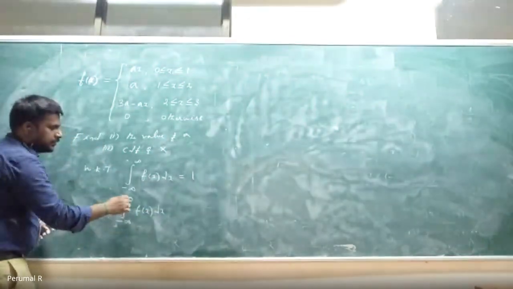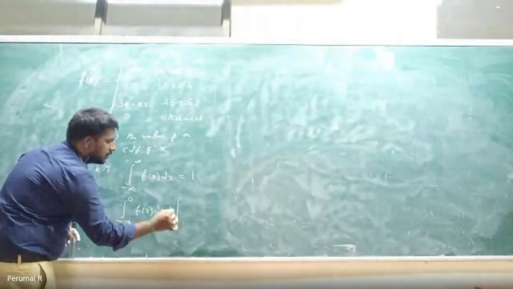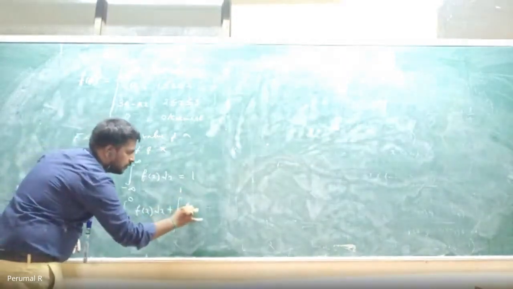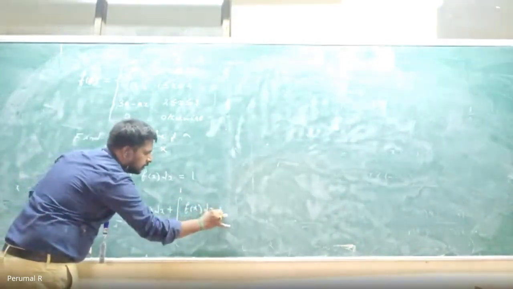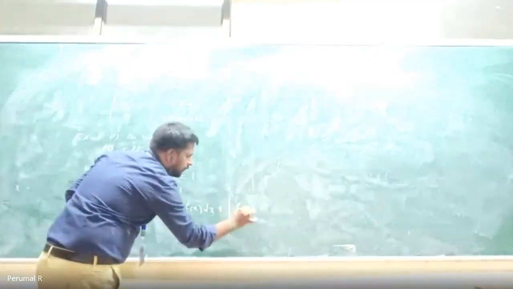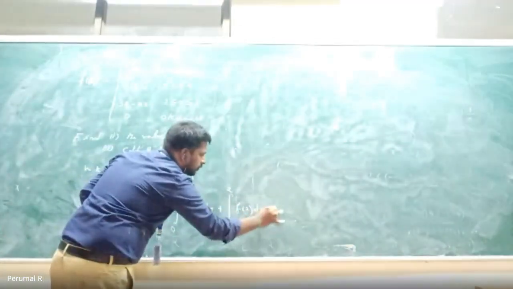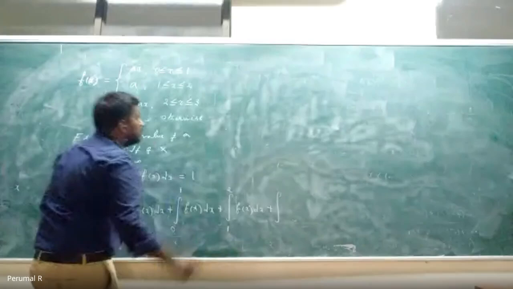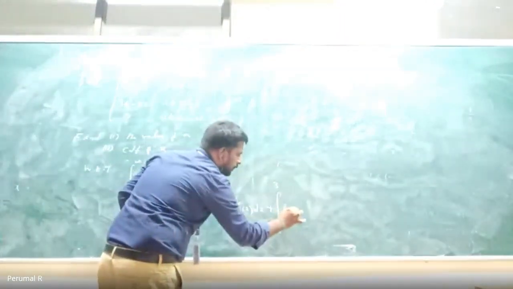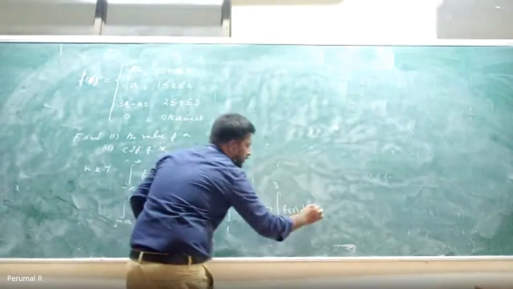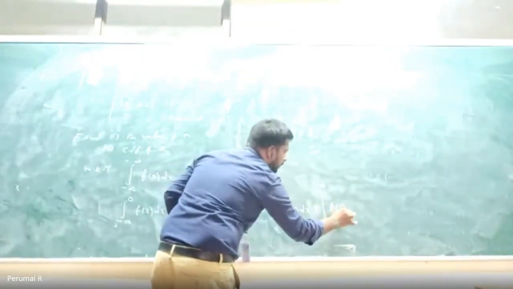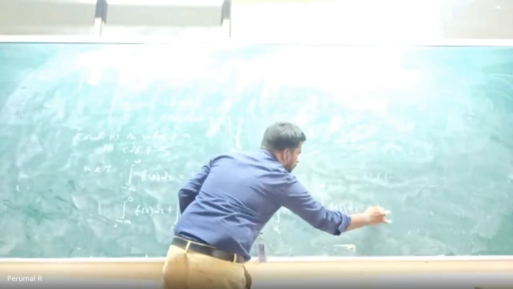So the integral from minus infinity to 0 of f of x dx, plus 0 to 1 of f of x dx, and 1 to 2 of f of x dx, and next one is 2 to 3 of f of x dx, then 3 to infinity of f of x dx, equal to 1.